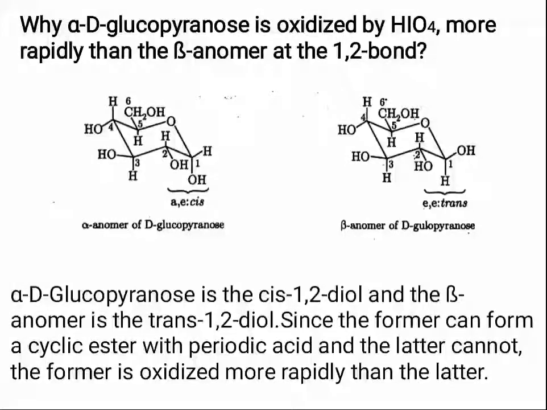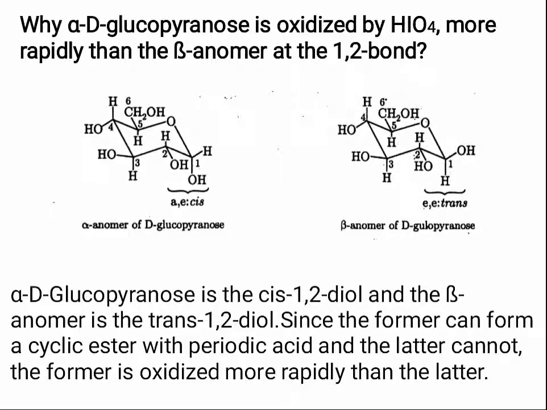Why is alpha D glucopyranoside oxidized by HIO4 more rapidly than the beta anomer at the 1,2 bond? So at the 1,2 bond, the alpha D glucopyranoside is oxidized faster by the periodic acid. Then what is the reason behind it? Alpha D glucopyranoside has the cis 1,2 diol and the beta anomer has the trans 1,2 diol.